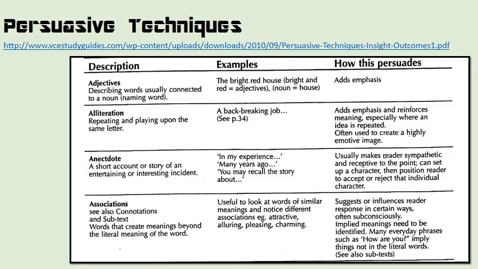What you see on the screen at the moment is a screenshot of a PDF I found, which goes into quite a lot of detail. You see there's a column for description, example, and how this persuades. I've given you the link up here, but I will also put it into the main tutorials, so that you can go and get it yourself.